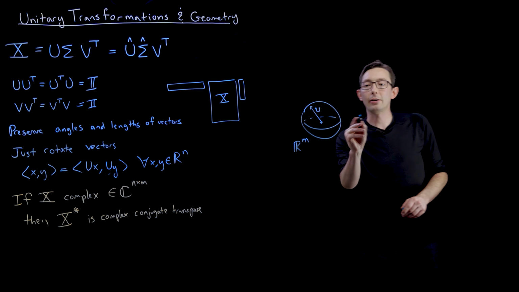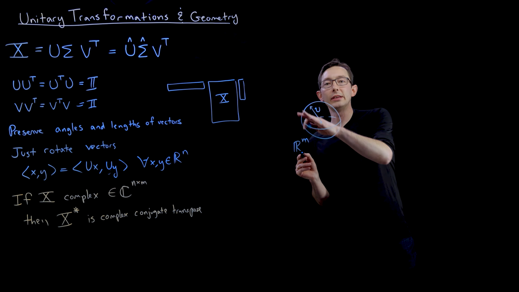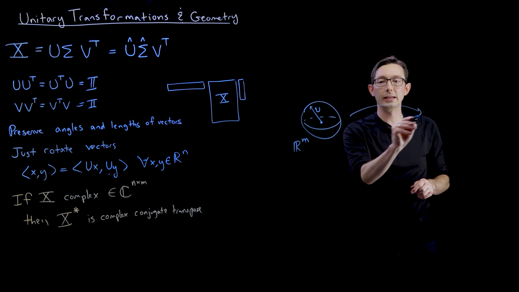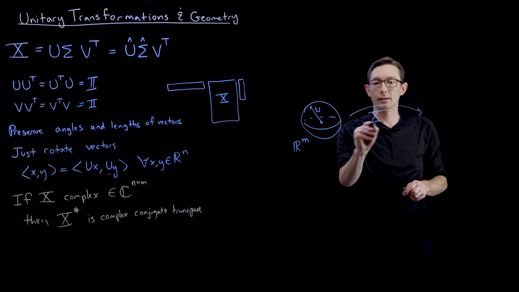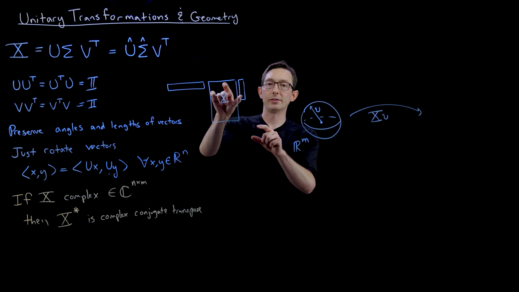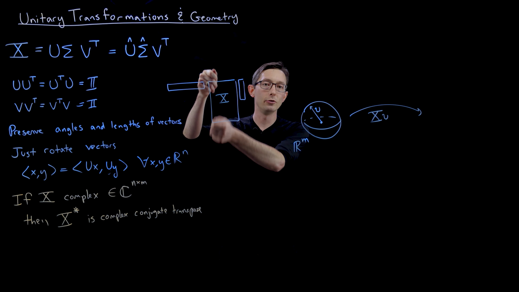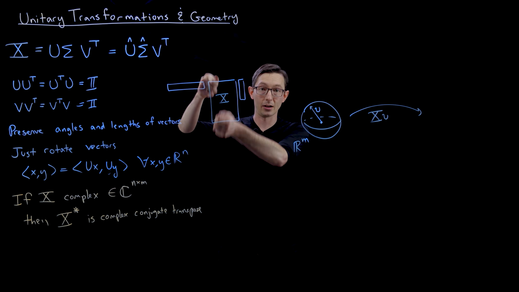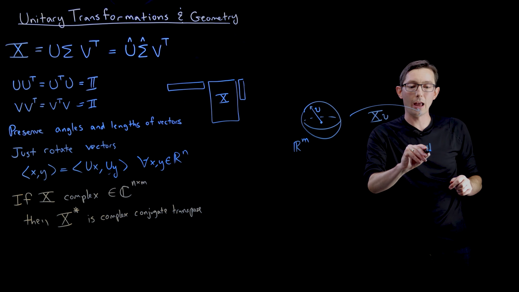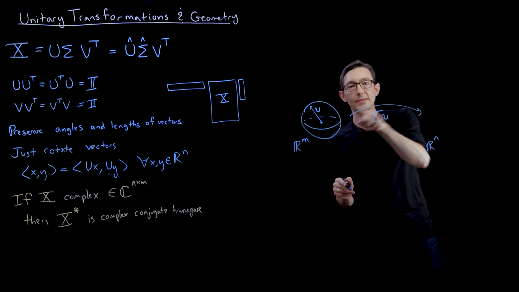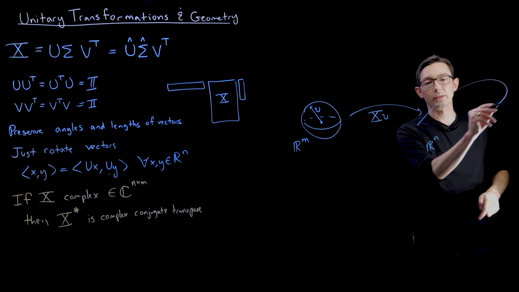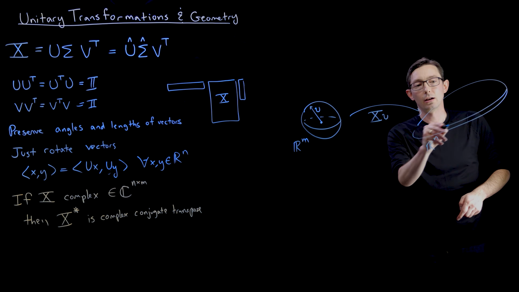Okay. Now, if I multiply all of these vectors V by my X matrix, so I map all of these X times V, then for all of those little V vectors, I'm going to get a tall U vector out, the size of the column of X. And so I'm going to map into an n-dimensional space by multiplying all of these by X. And that's going to sweep out this large ellipsoid.